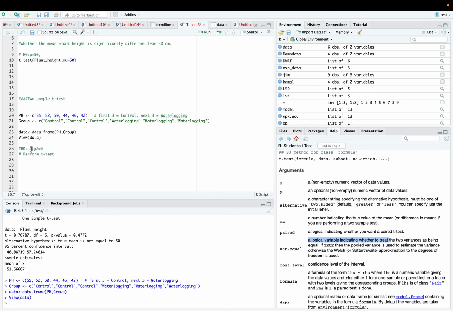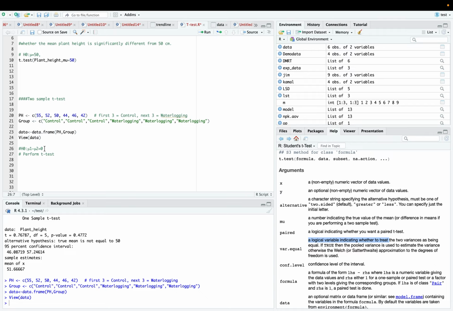And the difference between the means of control and water logging is 0. That means there is no difference between control plant height and water logging plant height. This is our null hypothesis.